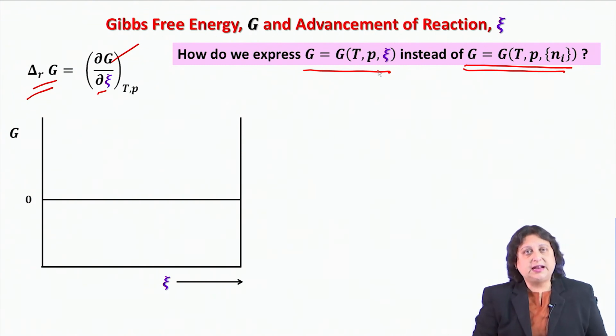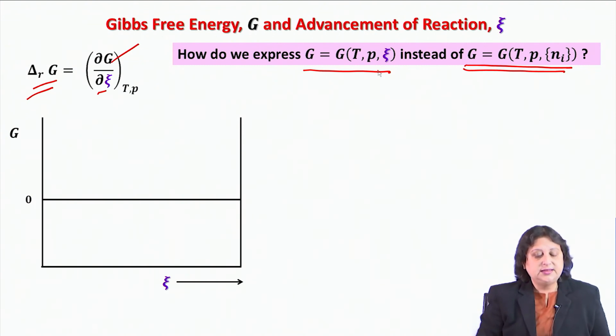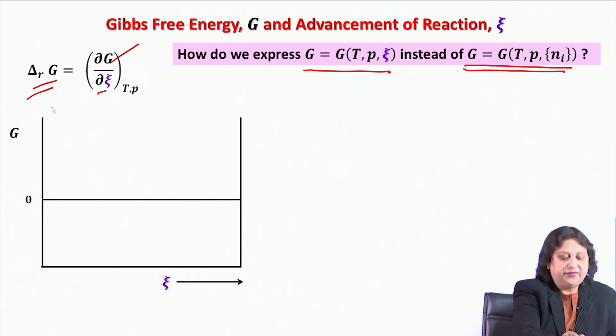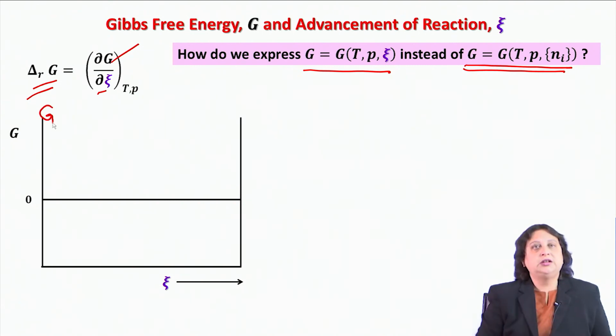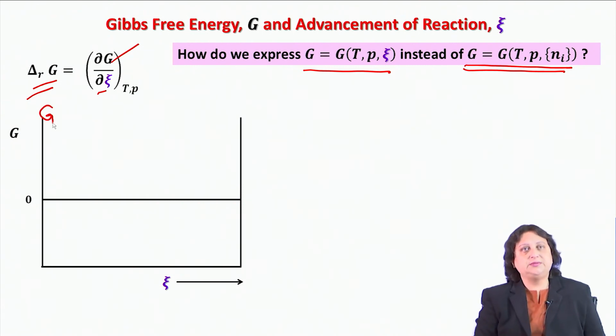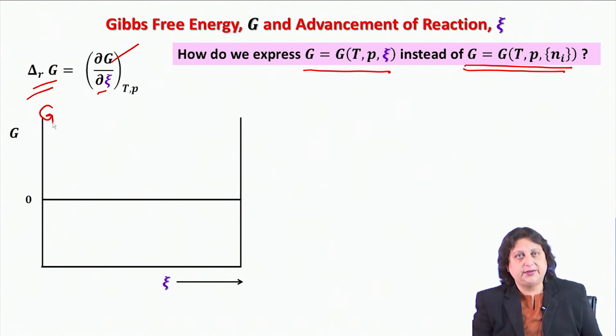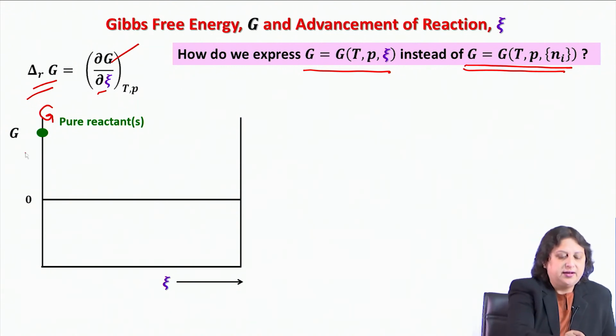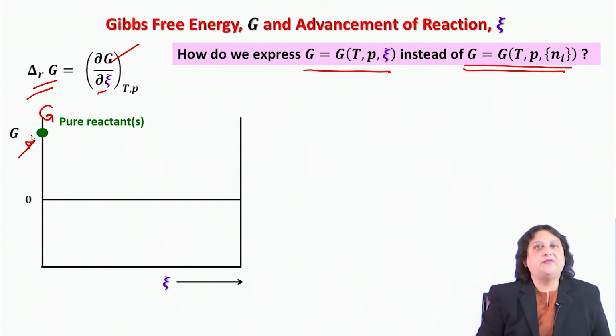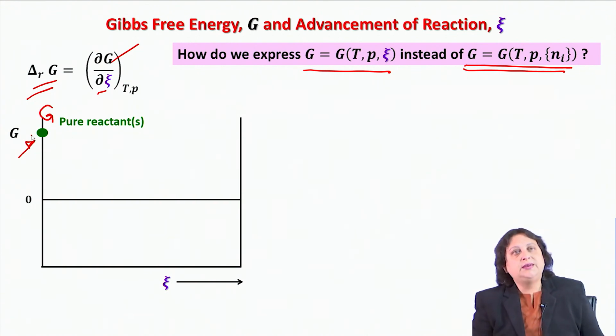In order to understand this, let me consider this picture where I am going to plot the Gibbs free energy of the system at a given temperature and pressure as a function of advancement of reaction xi. If I had the pure reactants, xi equal to 0, and therefore let us say that this is going to be the value of the Gibbs free energy for the pure reactants.